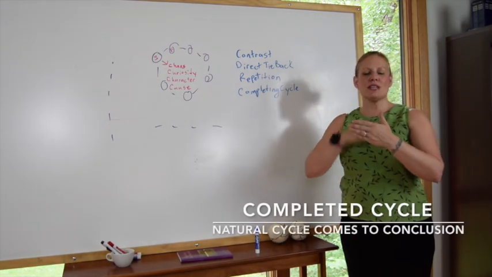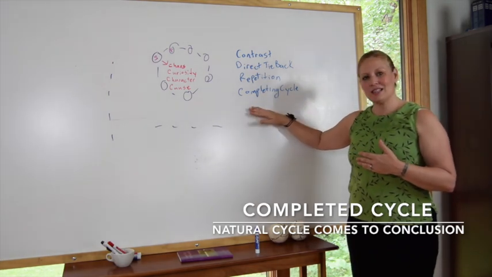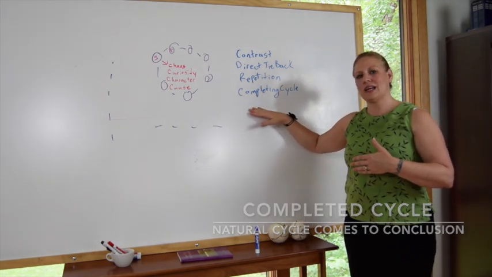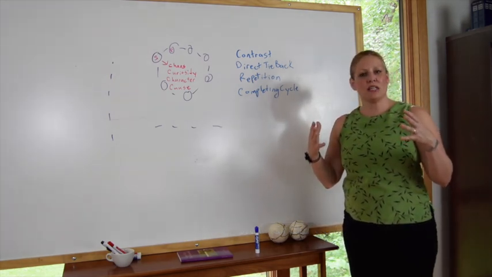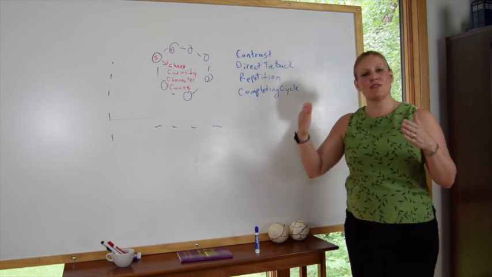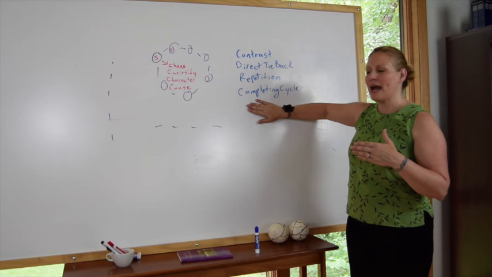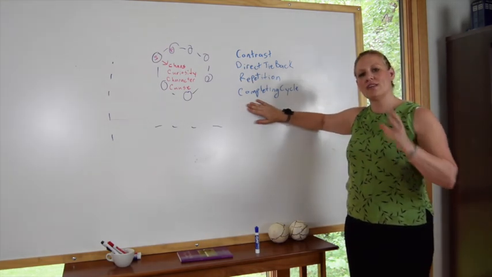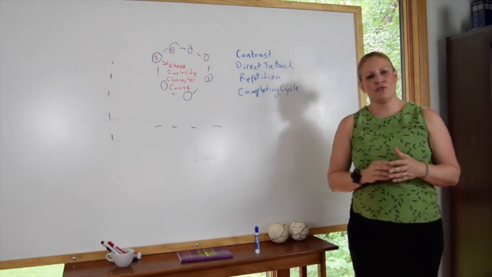It's a natural cycle that is completing. Age is a cycle. Seasons are cycles. Healing is a cycle. Completing a project is a cycle. You might even describe the steps of that project along the way. So anything that is a natural completing cycle, it's going to have a logical conclusion that is going to fall into that completing cycle full circle.